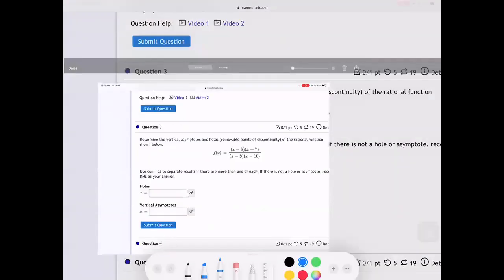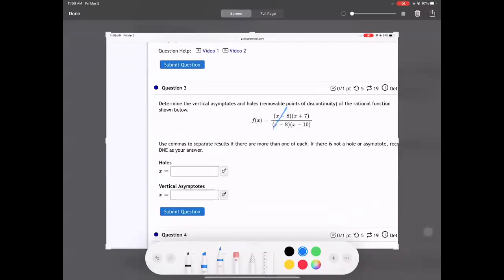What divides out is the x minus 8, x minus 8. Perfect. So our hole here is going to be at 8. How about vertical asymptote? It's when the denominator is equal to 0. So when we reduce, we have f of x equals x plus 7 over x minus 10. The only denominator that we're not allowed to have is when x is positive 10. So x can't be 10. That's my vertical asymptote.